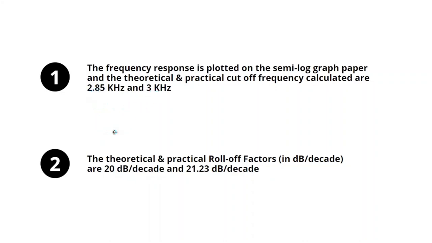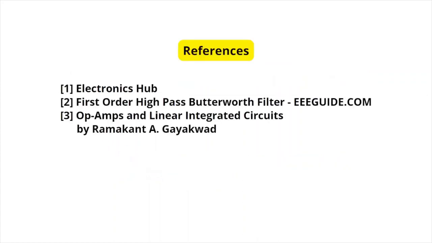The theoretical and the practical roll-off factors in dB per decade are 20 dB per decade for the theoretical value, and the practical value which we have received is 21.23 dB per decade, which are pretty much close to each other.